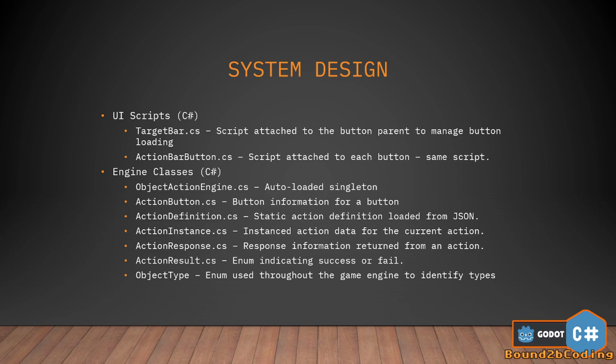And then we also have an object type enum, and that is used throughout my game. It basically identifies the type of object being clicked on. I group objects, like for example flora. They are in a different object type, and we have other object types in the game. And so this allows me to associate the object with a specific type.